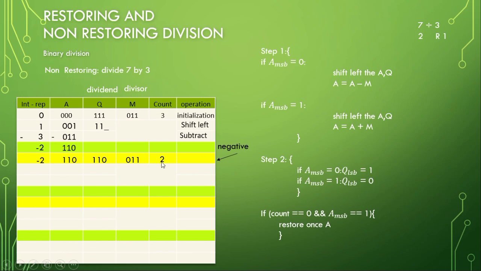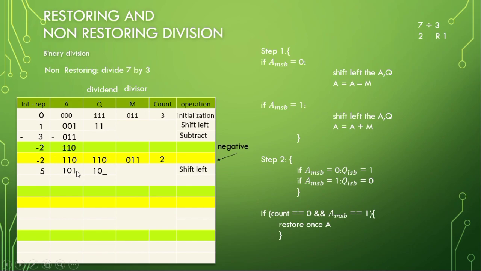So now, if the value is negative as well, we are going to perform a left shift. When you shift left like so, we have a value of 101.